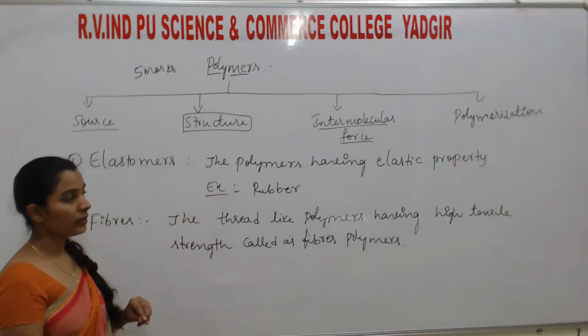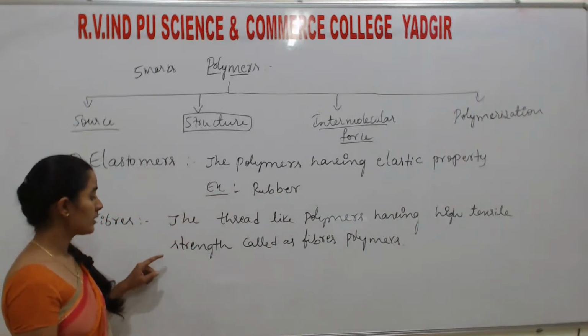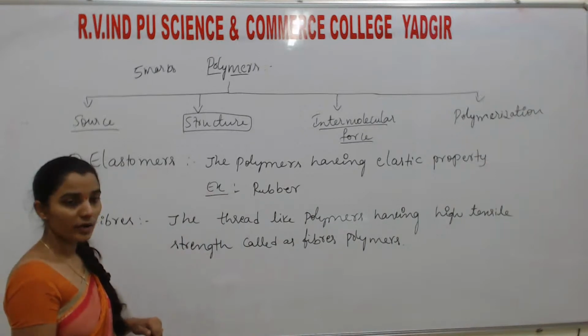So thread-like polymers having a high tensile strength are called fibrous polymers.